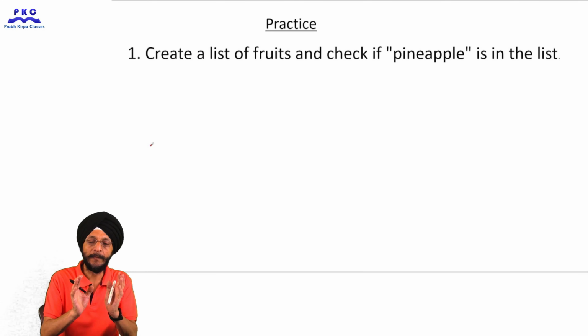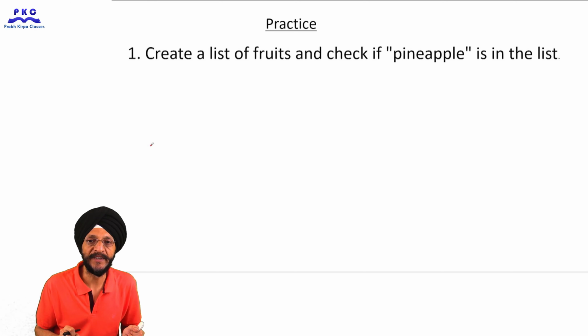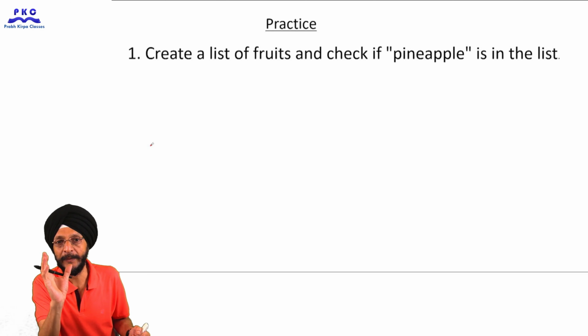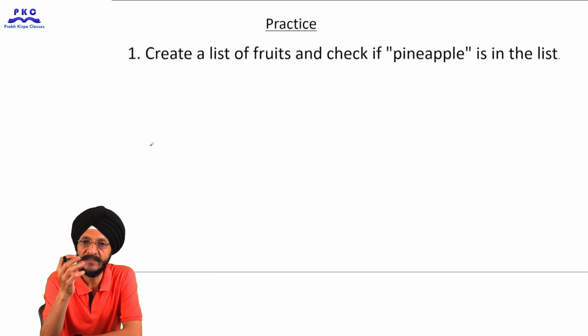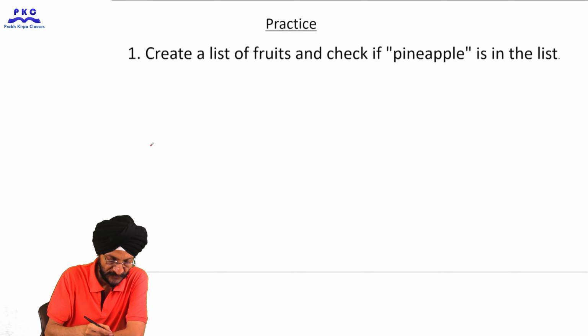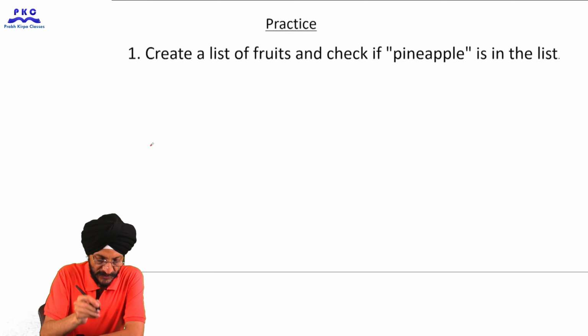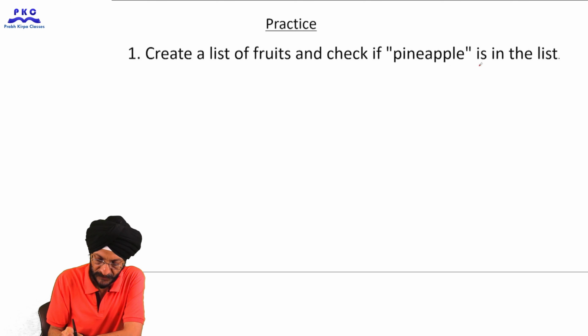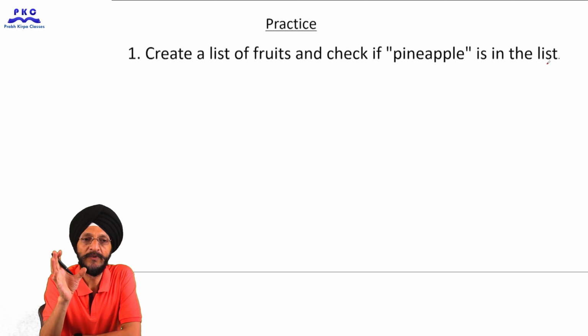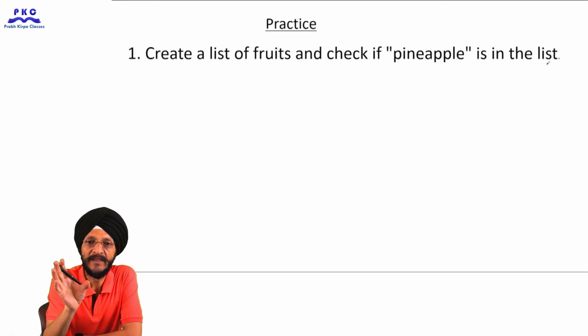Now we will do some practice questions to find out how far we have been able to understand the concept of membership operators, that is, the in operator and not in operator. The first question before us is: create a list of fruits and check if pineapple is in the list. What we will do? We will create a list.